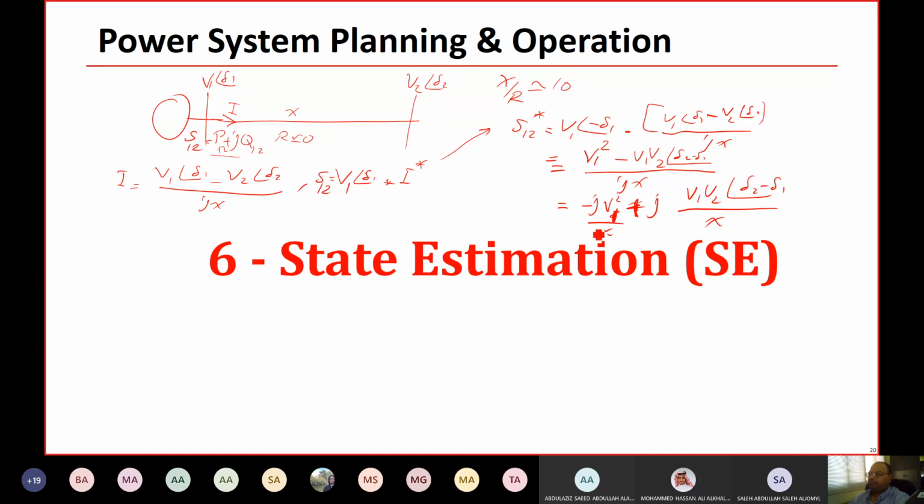Is it clear? Yes. Now we just distribute V1 squared over JX, and this quantity over JX. J will go up with minus J, so it becomes plus J.